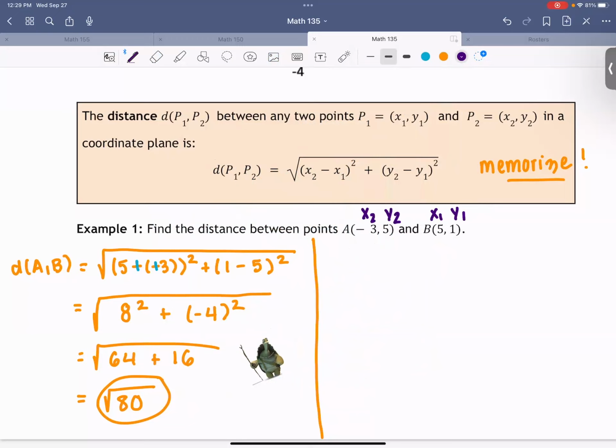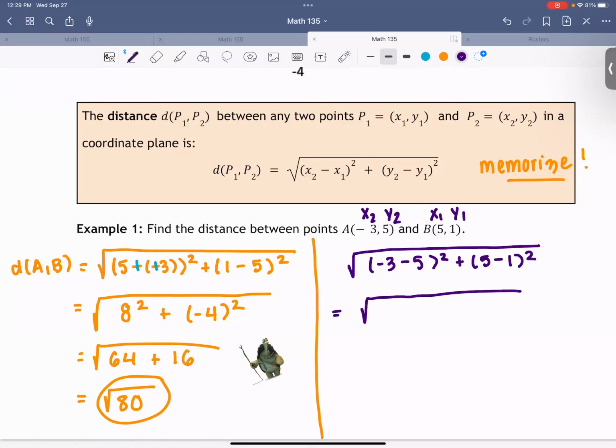Let me show you what happens. If we do the formula this way, it'll be -3 minus 5 squared plus 5 minus 1 squared, right? -3 minus 5 is -8 squared. 5 minus 1 is plus 4 squared, okay?